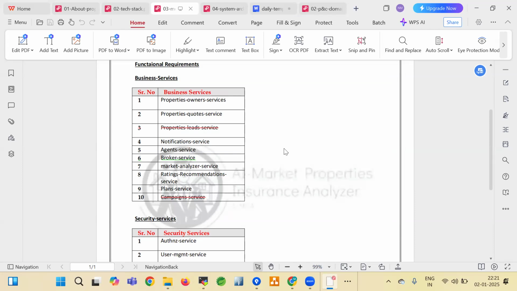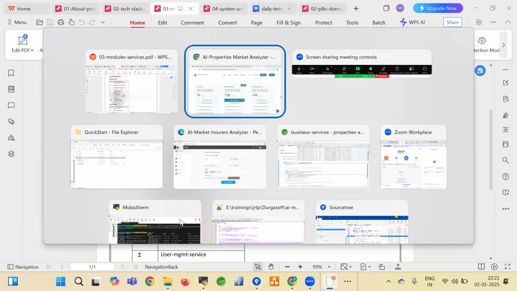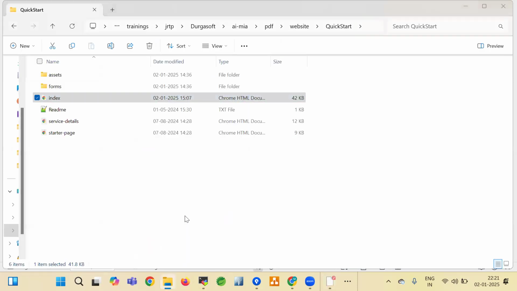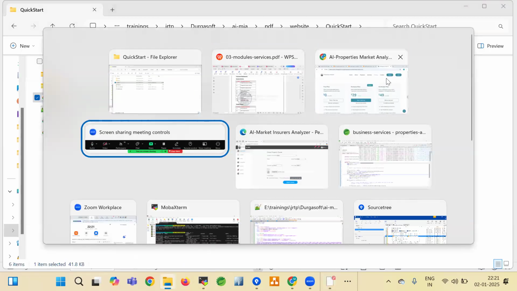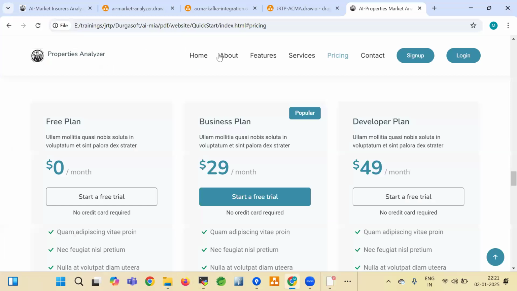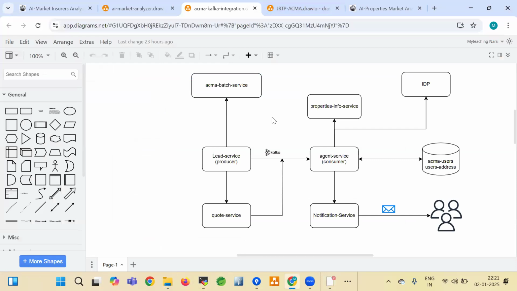These are the business services, because they're talking about the core business things, right? What the property owner is, what the property court is, what the agent is, who the agents are, and what the market analyzer is. If we can go here, let me just scroll down.